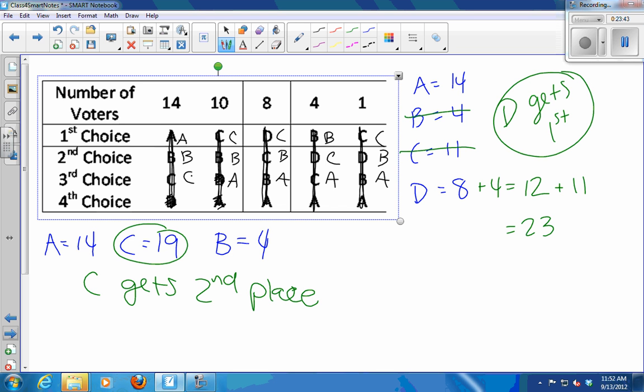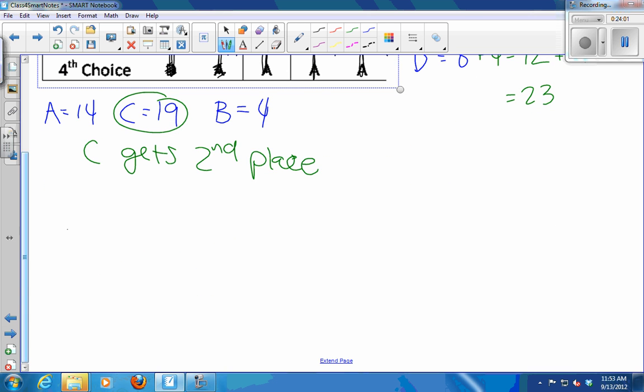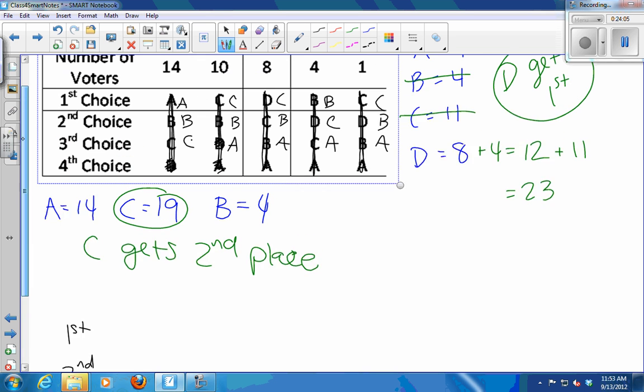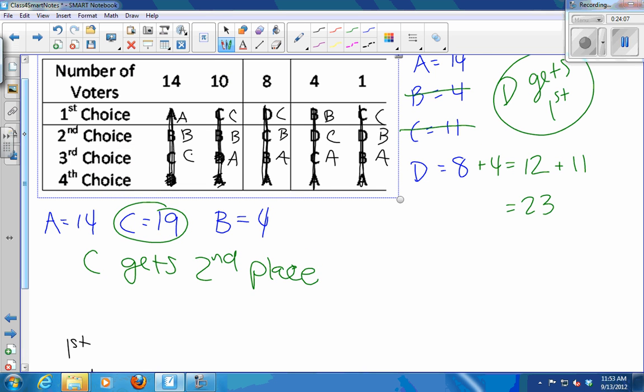Then I have to make a new preference schedule with only A and B, because D and C already got their prizes. They get to sit out the next round. Carry out the method again with just A and B. So it's just going to be first and second. And I've got AB, BA, BA, BA, BA.